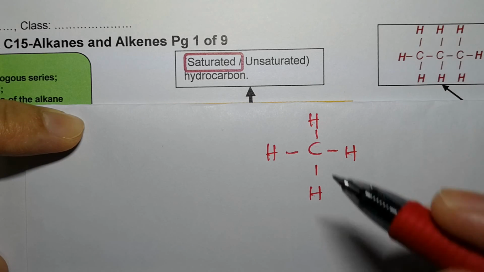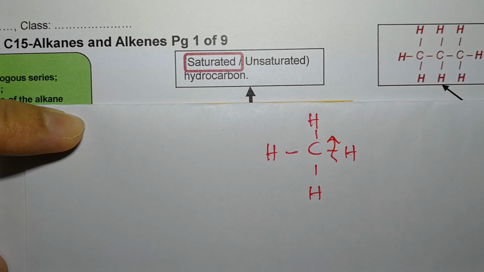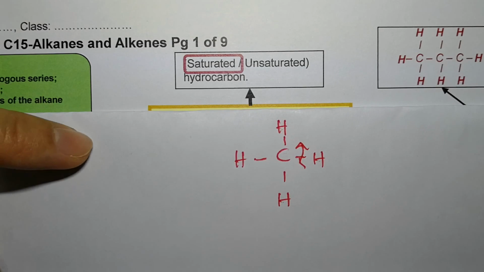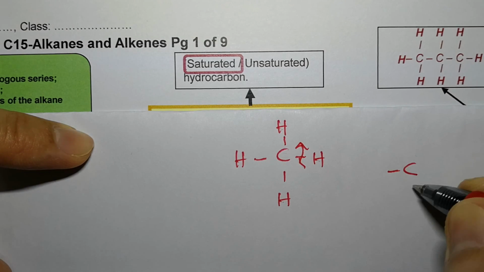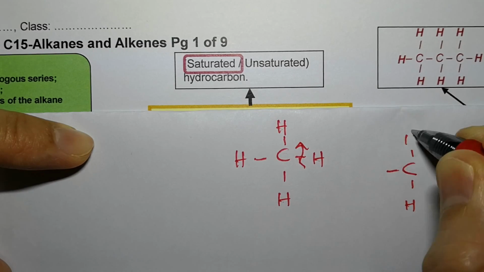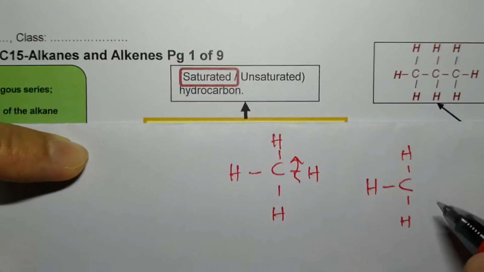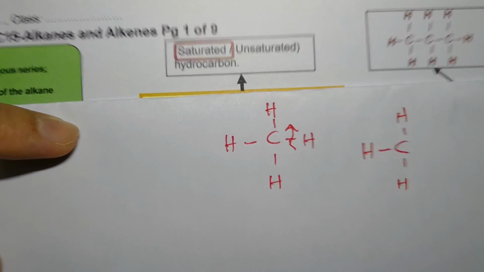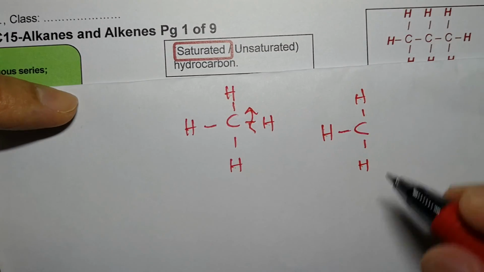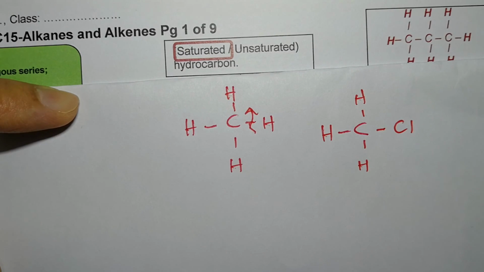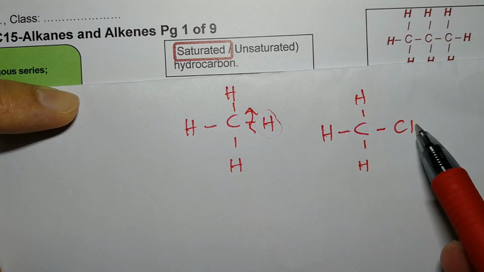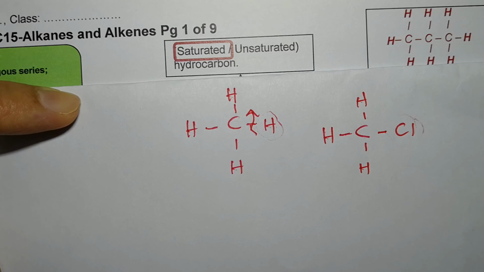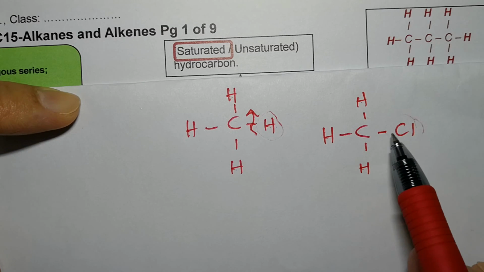For example, if I break this single bond and add another substance, say a chlorine, this is one atom, this is also one atom. I cannot add any more atoms to it by breaking the covalent bond.